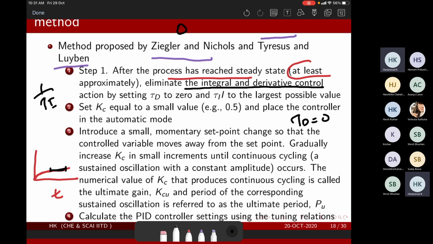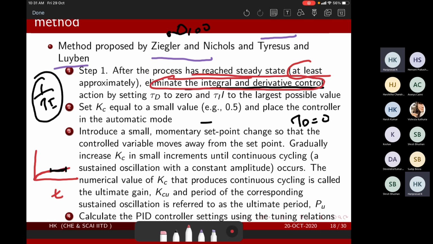If it is a controller knob, it's between 0 to 100. You make it 100, the largest value, so that you eliminate the effect of 1 by tau I. And keep Kc to be a small value. So now you are putting the controller, but with a small value of Kc, by eliminating the integral and the derivative control. This is the most key thing.